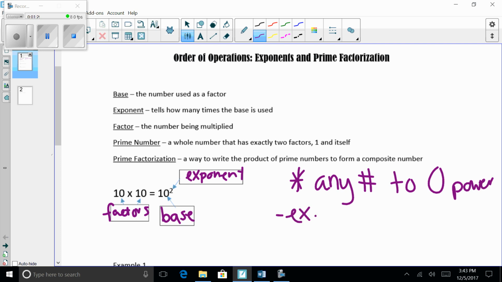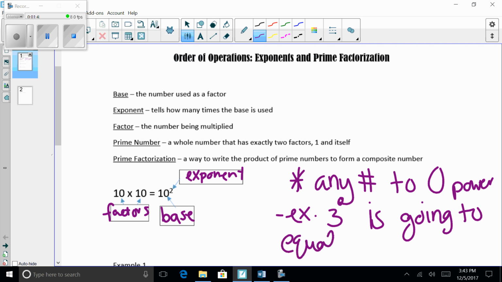An example would be 3 to the 0 power, which equals 1. So that means that 1 is going to be your answer. Okay, so that's a side note.